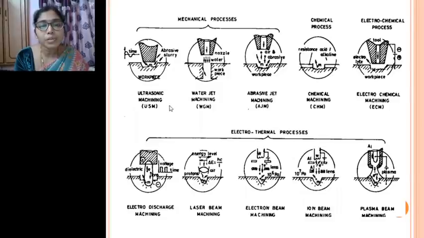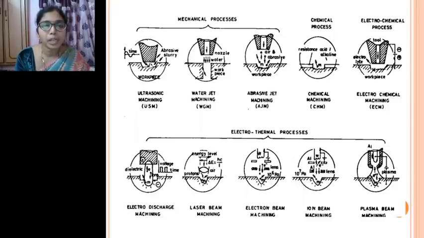In the ultrasonic machining process, the first process, here is the tool, and this is the workpiece surface. Whatever shape has to be produced will be given to the tool surface. The tool will be a softer material like aluminium.